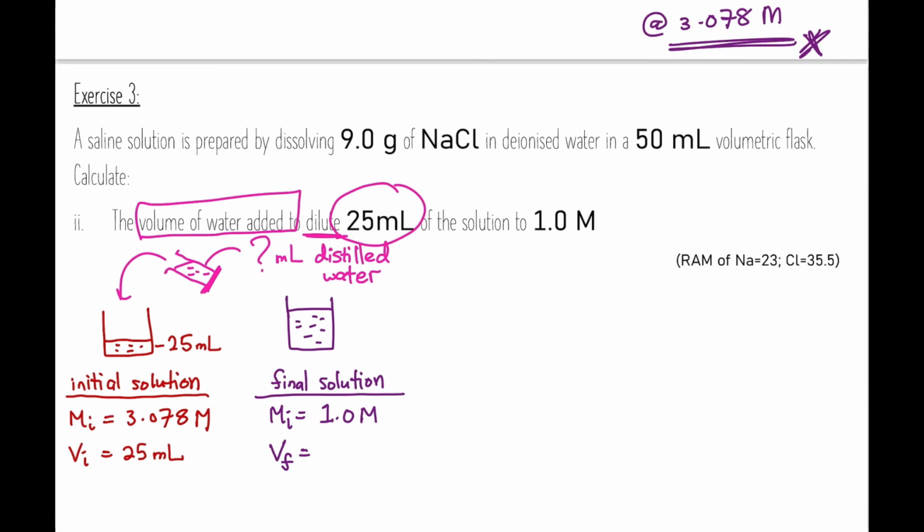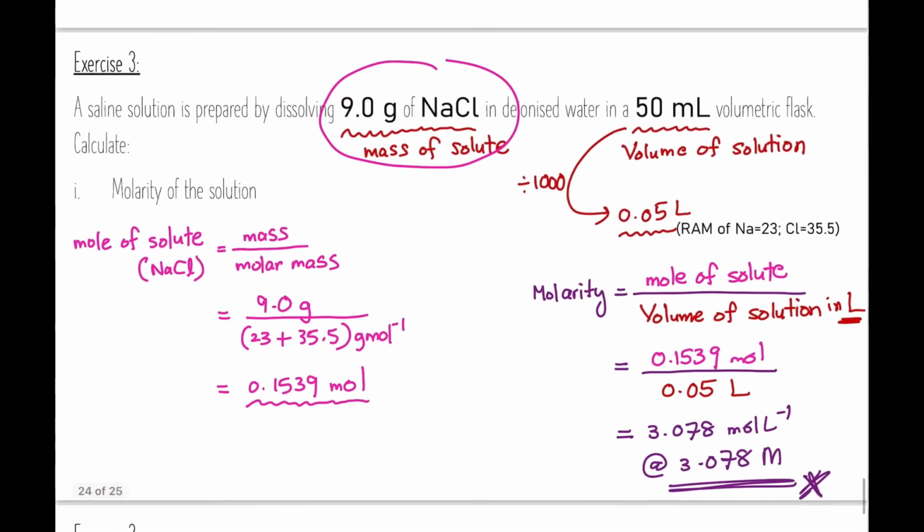to 1 molar. So this is a new concentration that we want to achieve by taking only 25 ml of the initial solution with the concentration of 3.078 molar obtained previously from the question here.